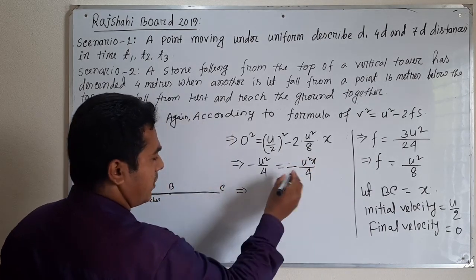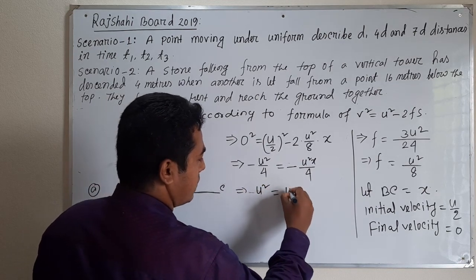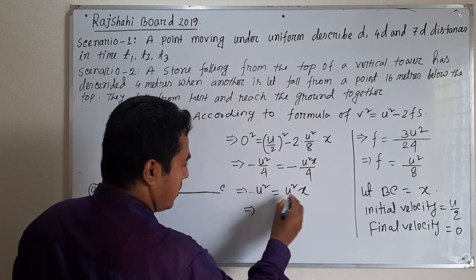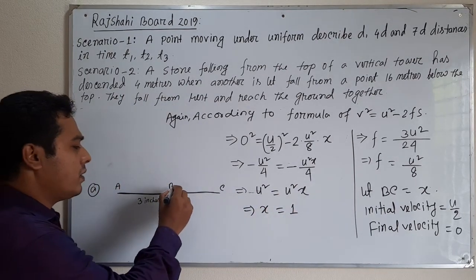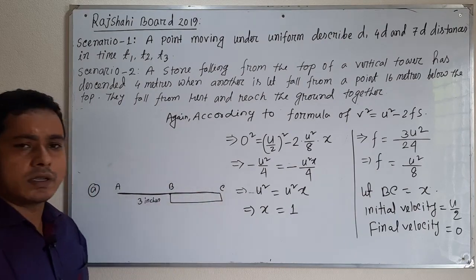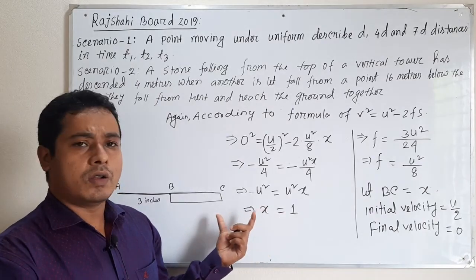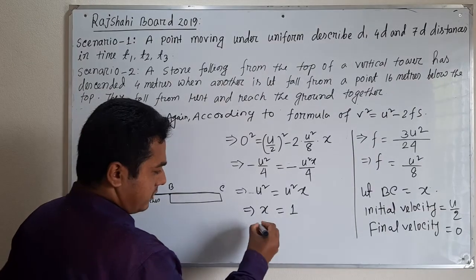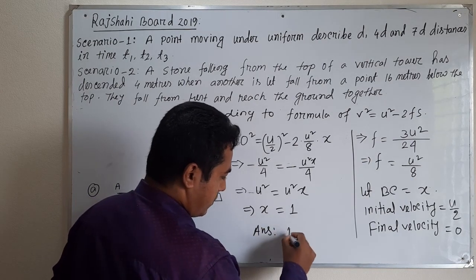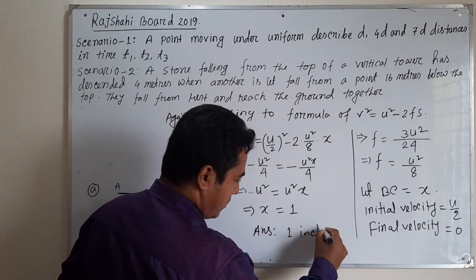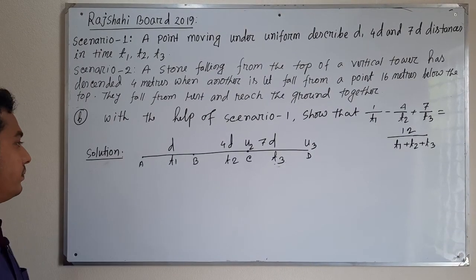By cancelling both sides, u square is equal to u square x. So x is equal to 1. That means the further penetration is 1 inch. So the answer is one inch. Okay, now question number B.